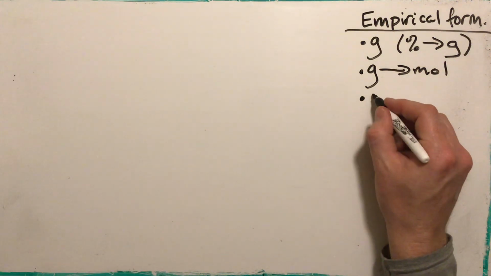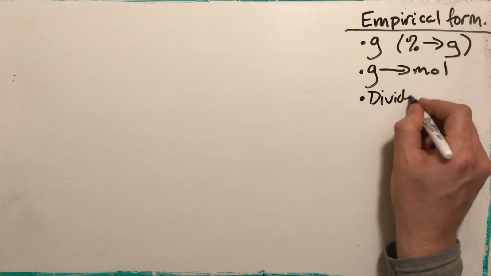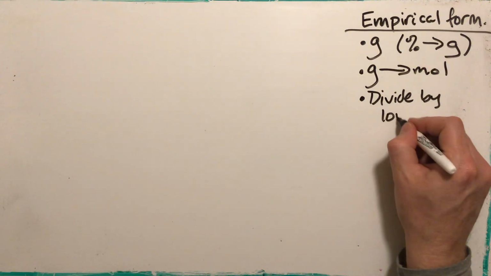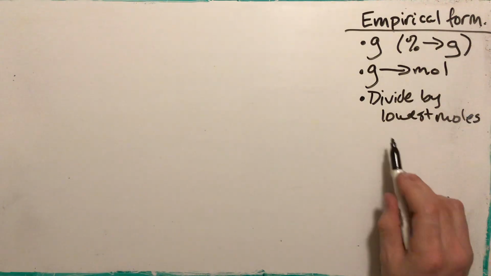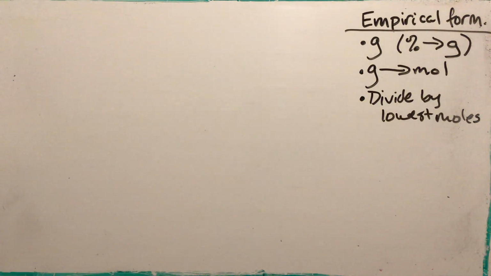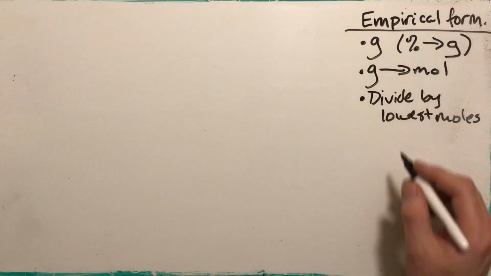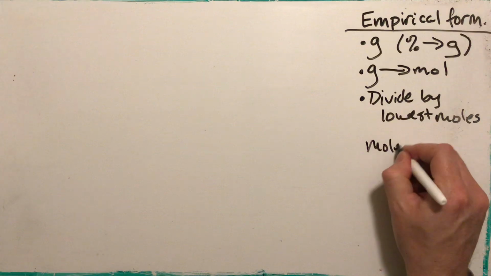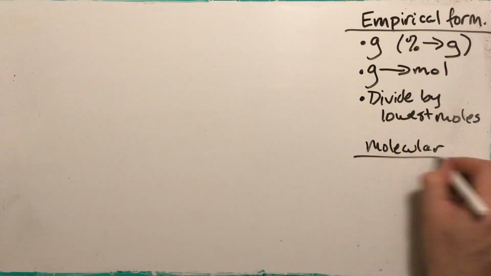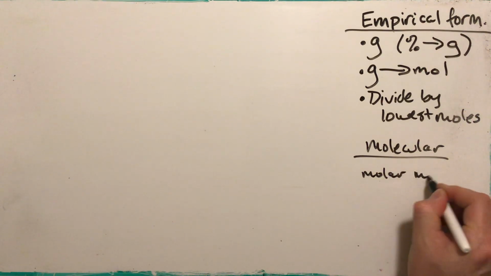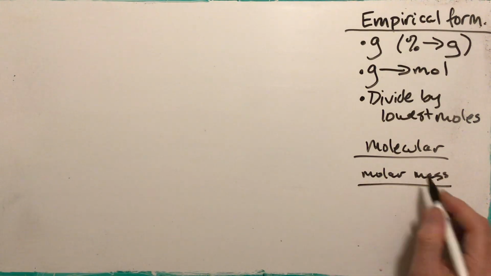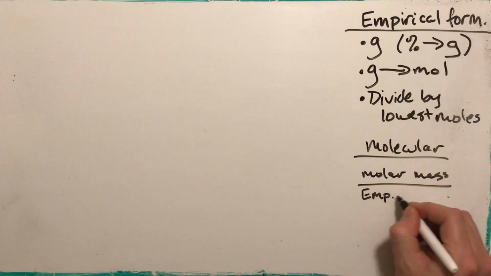And then what we did is we divide by lowest moles. This would set up our formula and get rid of all those decimals for the most part. All right, so that's empirical. And then, of course, for molecular, if you remember, it was simply taking the molar mass and dividing it by the empirical formula mass.